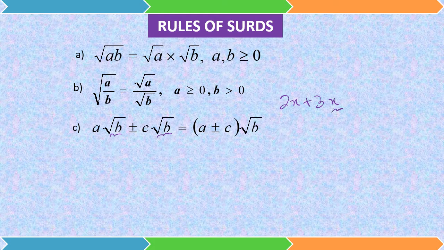We have the same representation here, so we just add up the coefficients. So what we have is 5x. This is the same as this example, but what we have here is a square root and not x.